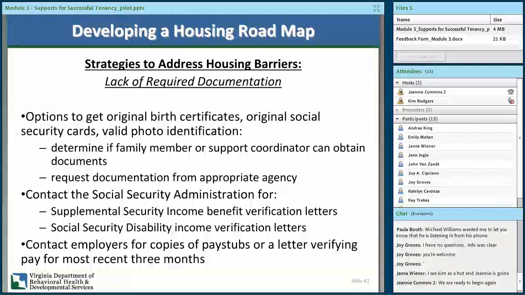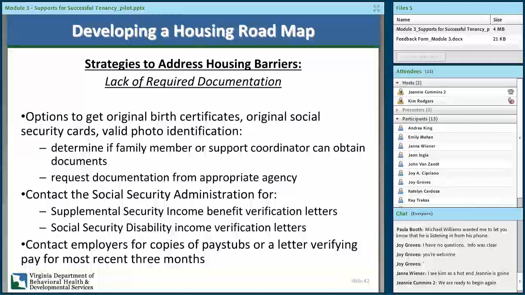In general, the most efficient way to obtain missing birth certificates, social security cards, and valid photo identification is to see if a family member or support coordinator can obtain the original documents. If neither family nor the support coordinator can assist, then you'll have to help the individual request documentation from the appropriate issuing agency. You can check out the FAQ for Module 3, and it has links to issuing agencies and the specific processes to obtain each of these documents.